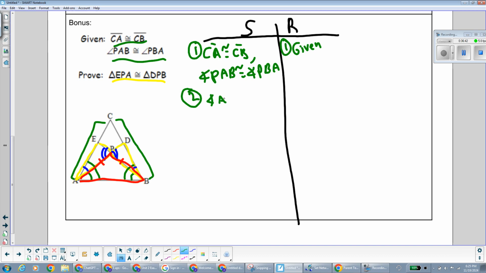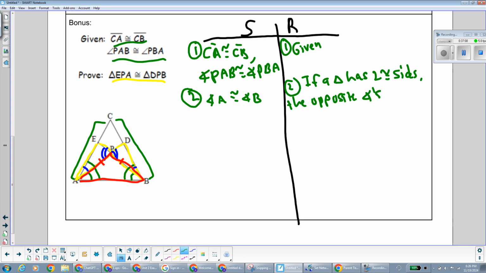So angle A, this whole angle, was congruent to angle B. And that's because the triangle had two equal sides, so the opposite angles were congruent. If a triangle has two congruent sides, the opposite angles are congruent. And that is the base angle theorem, or the isosceles triangle theorem.